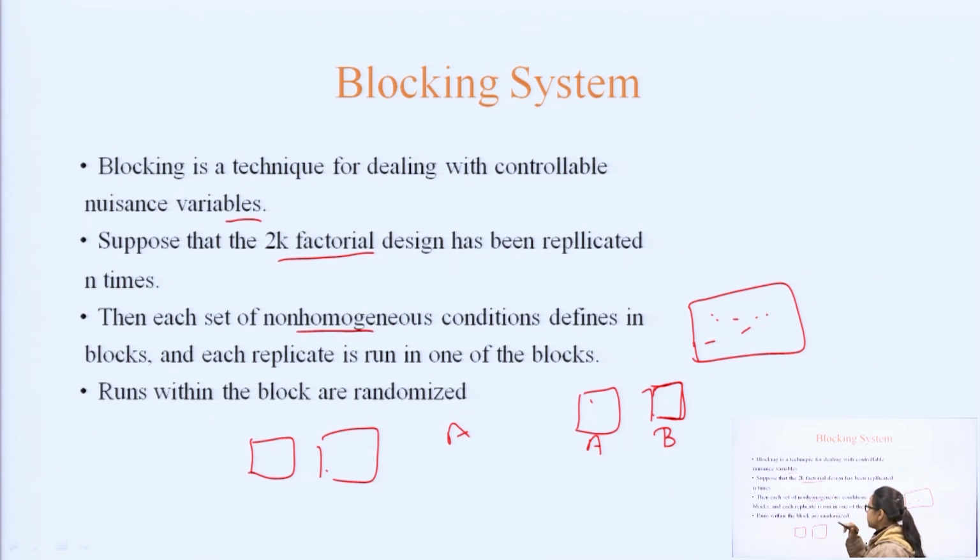Non-homogeneous means they are different. Some is A, some is B, some is C and D. Different variables are put in different blocks. Each replicate is run in one of the blocks, meaning A, B, C, different blocks. Runs within the block are randomized.